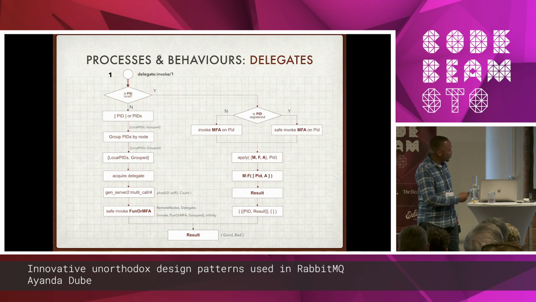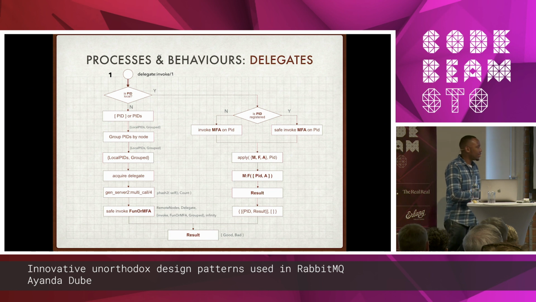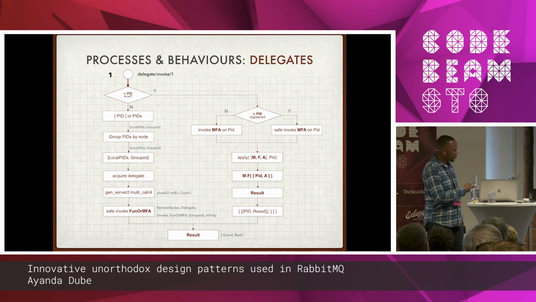And just a quick overview on how delegates work. I think the two main functions are delegate invoke, which is a synchronous call, and delegate no result, which I'll show after this. So this will basically group your destination PIDs into local PIDs and remote PIDs.